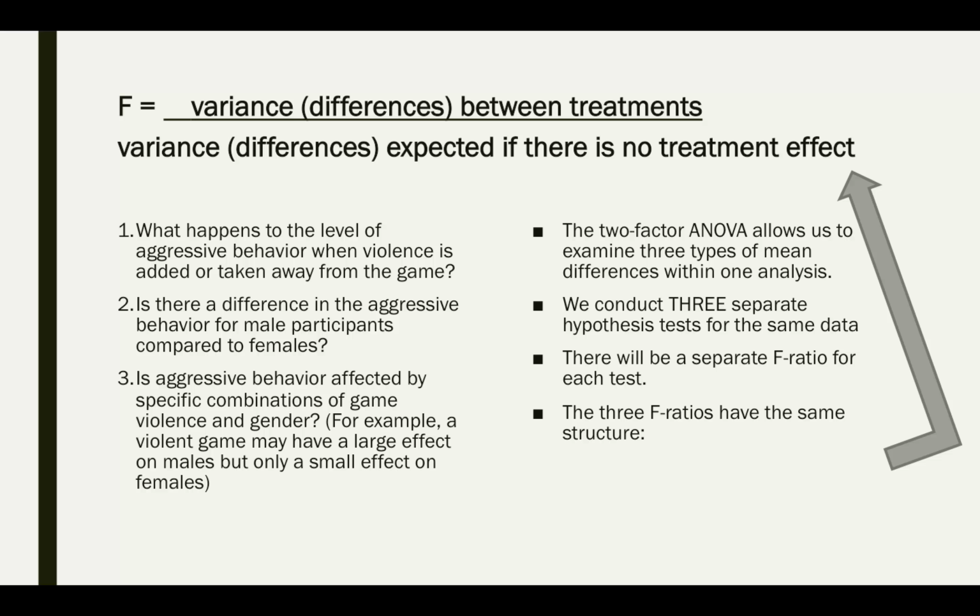The F ratio is still going to involve variance between, variance within. Okay, we know that between is the treatment effect if there is one, and then the variance within is the amount of error expected if there is no treatment effect, okay? So we have those 3 F ratios that we're going to calculate.